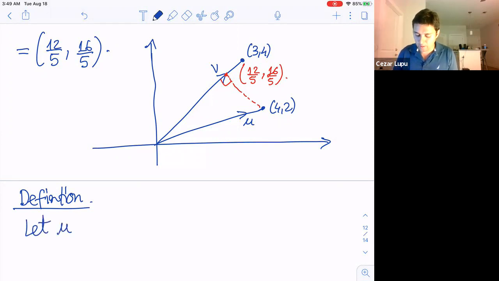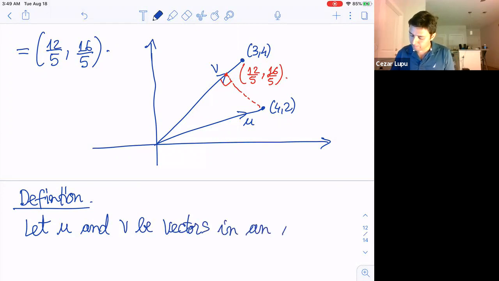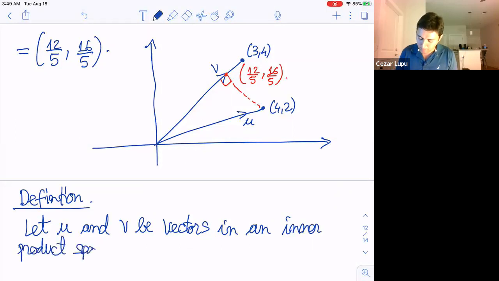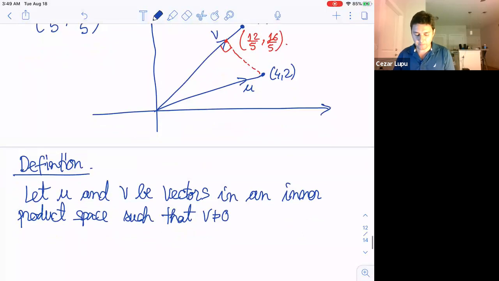Let's consider u and v be vectors in an inner product space such that v is a non-zero vector. So I want v to be non-zero.